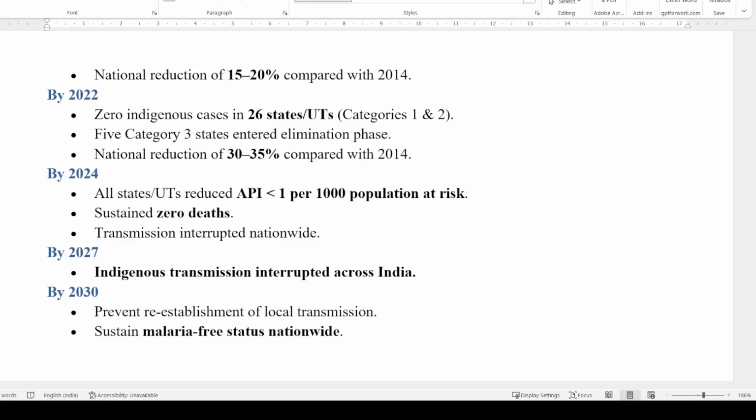We should have this establishment, and we should have this tagline that we are malaria free nationwide. So this is all about your national malaria eradication or control program.